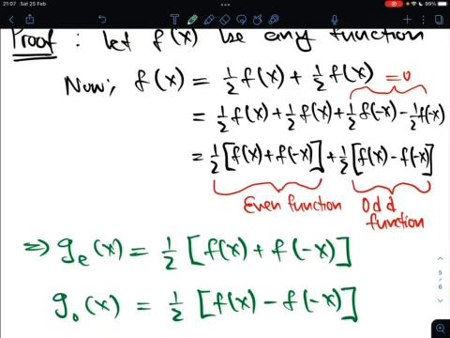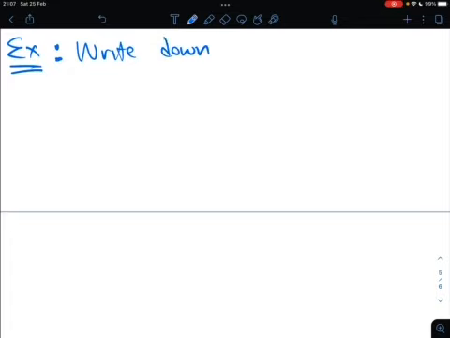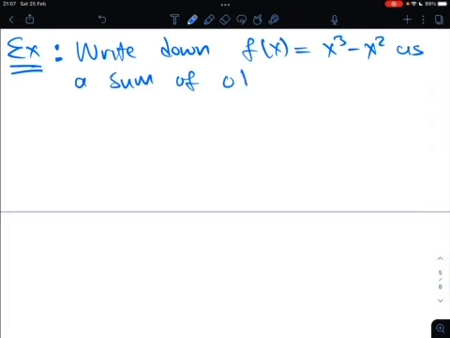So let's put this into practice and see what problems one can expect from this. A typical example will be: write down f of x equals x cubed minus x squared as a sum of odd and even functions.